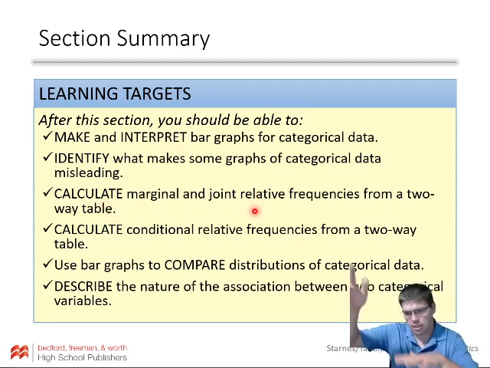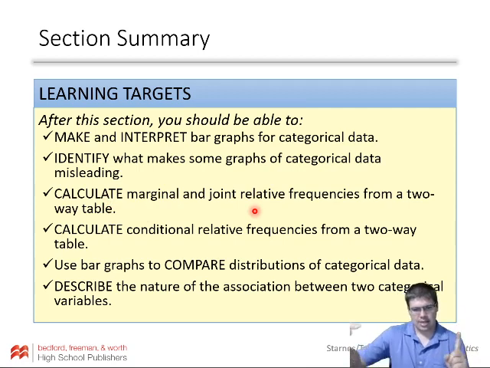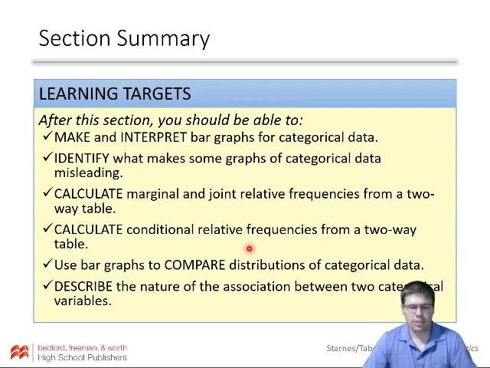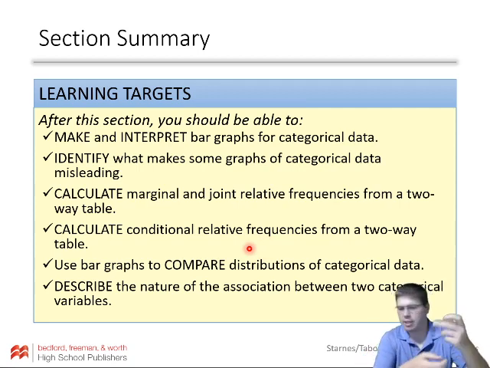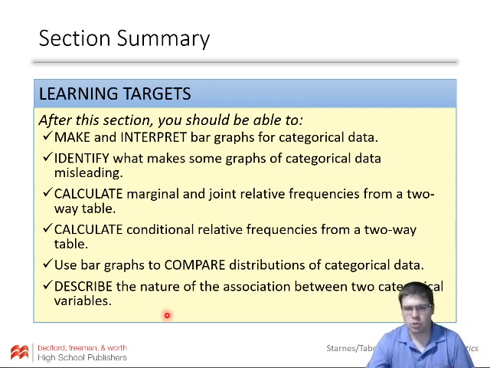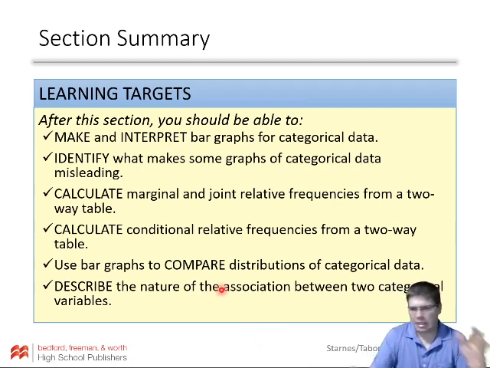Remember, marginal is like the total columns, joint is like the intersection of two. Calculate conditional relative frequencies. That's where you'd say, given that it's in this particular category, what proportion meet a condition; a conditional relative frequency, or even a whole conditional distribution. And then we can start to compare those conditional distributions for categorical data just by looking at percentages or with graphs.